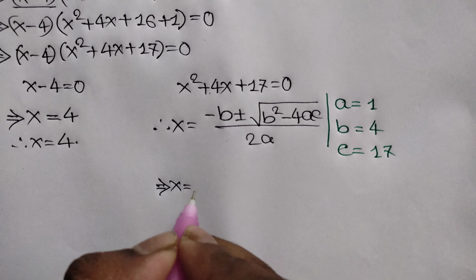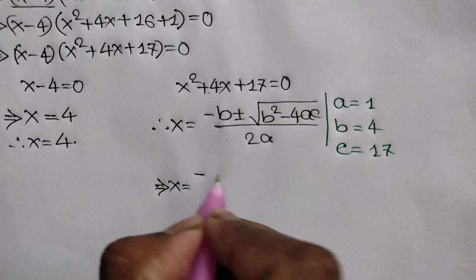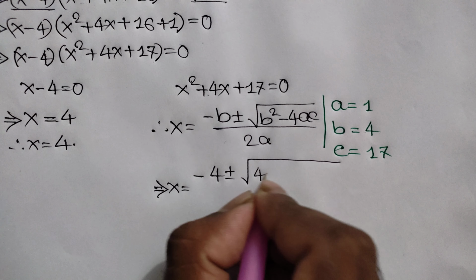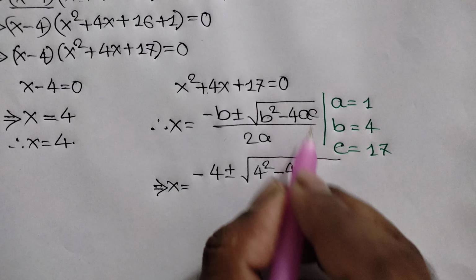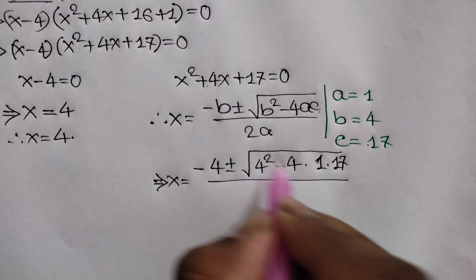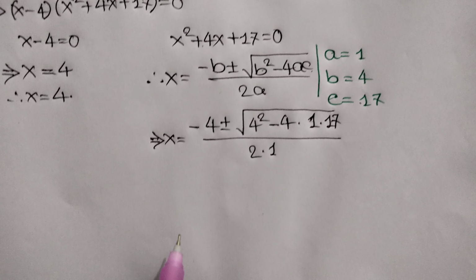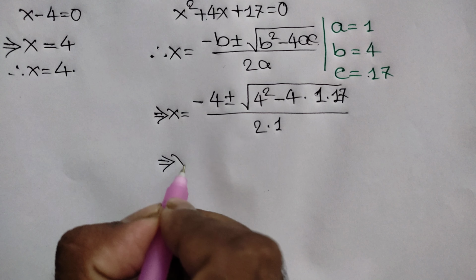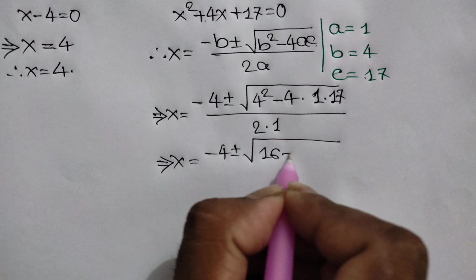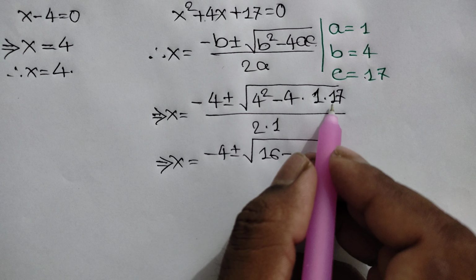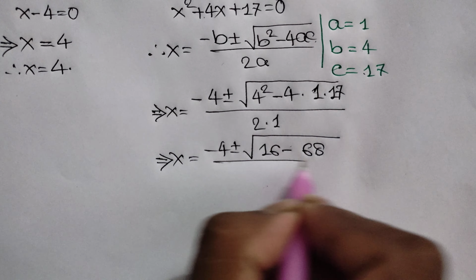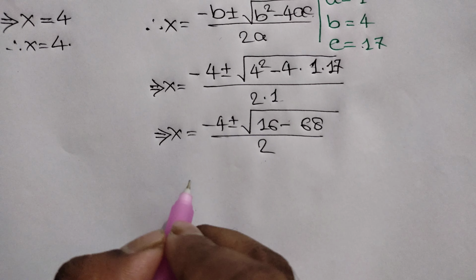So x is equal to minus 4 plus or minus the square root of 4 square minus 4 times 1 times 17, which is 68, over 2 times 1, which is 2.